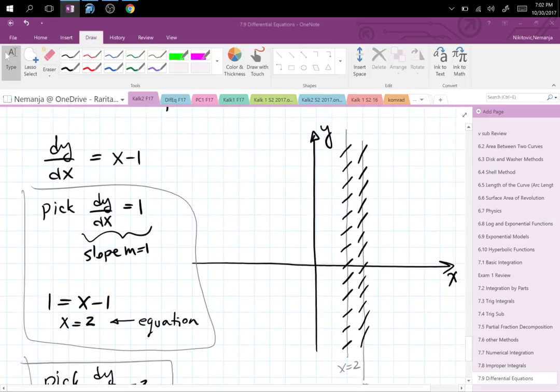Perfect. We were missing that one. So we put in the isocline x equals 1, which is the vertical line, and the slopes are equal to 0, which means they're flat.